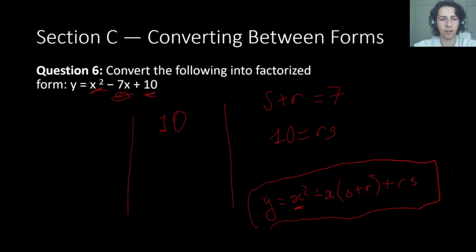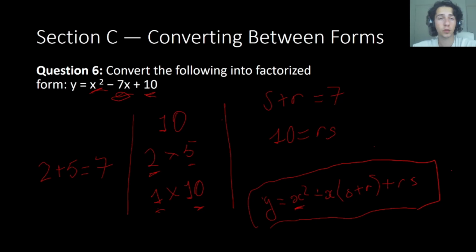So we can have 2 times 5 or 1 times 10, and both multiply to equal 10. Now, let's sum these individual numbers, 2 and 5, and 1 and 10, to see what happens. So 2 plus 5 is already going to give us 7. So that means our r and s values are going to be 2 and 5.